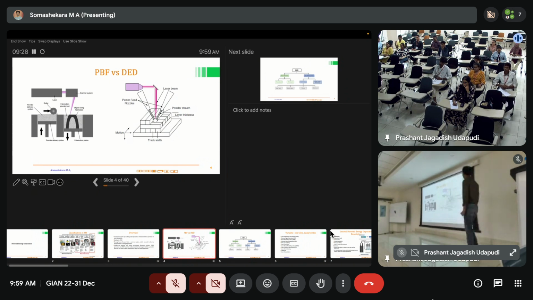Here you can see the laser coming, and the powder is coming from the side. This is the powder nozzle, and this is the laser. As soon as powder falls on the surface of the build plate, the laser immediately comes and melts this region.